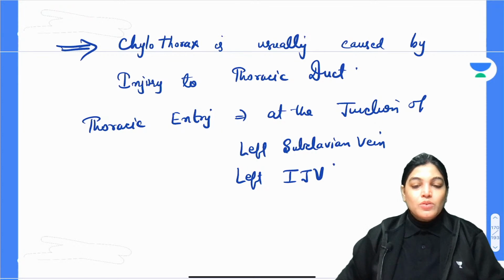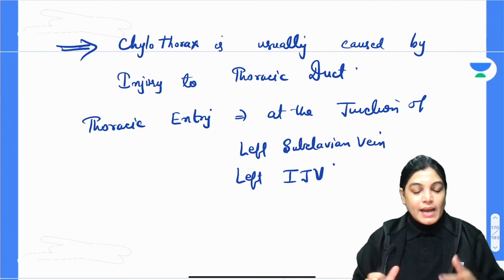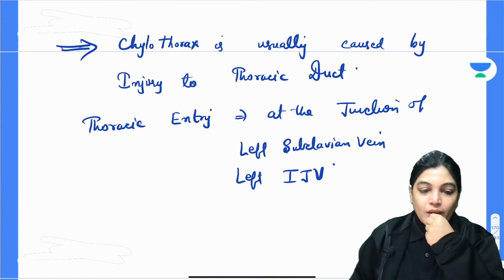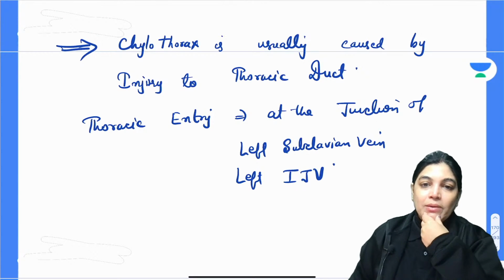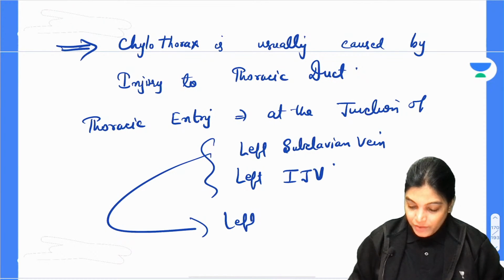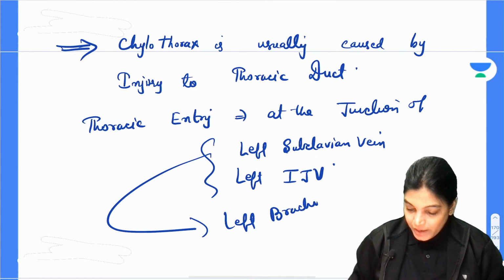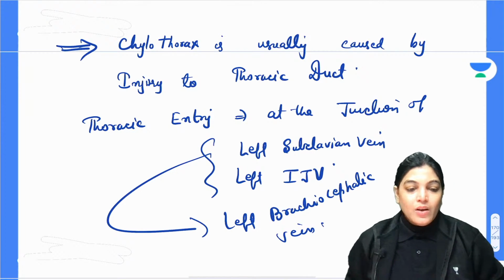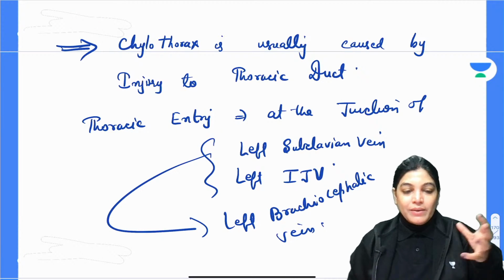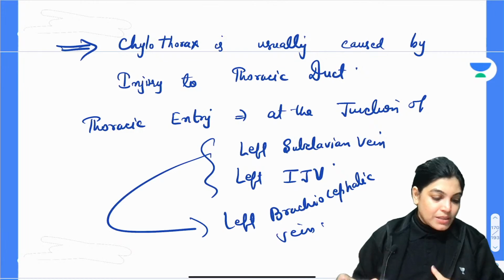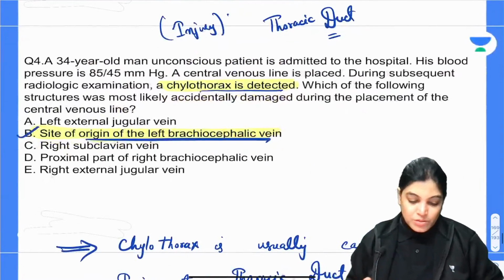Exactly at the junction of the left subclavian vein and the left internal jugular vein is the location where they lead to the formation of the left brachiocephalic vein. So we will go with left brachiocephalic vein as the correct answer. Penetrating injury at the level of the left brachiocephalic vein can disrupt the termination of the thoracic duct. So we will choose B as the correct answer.